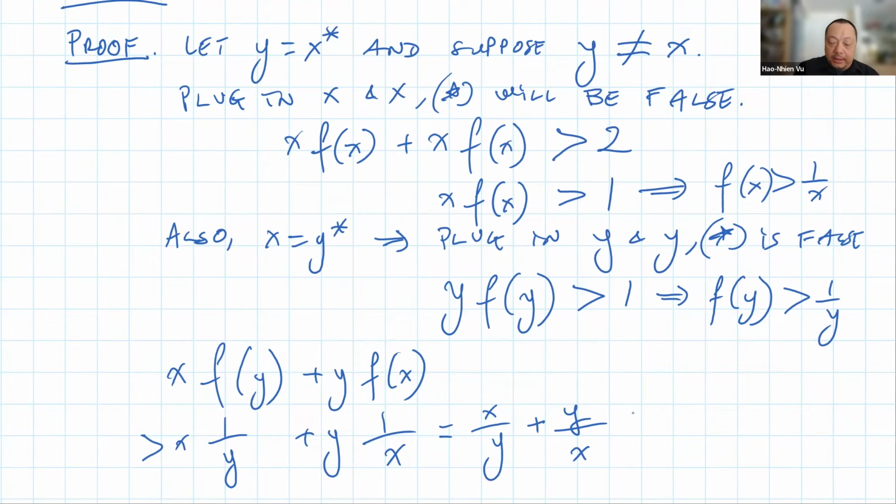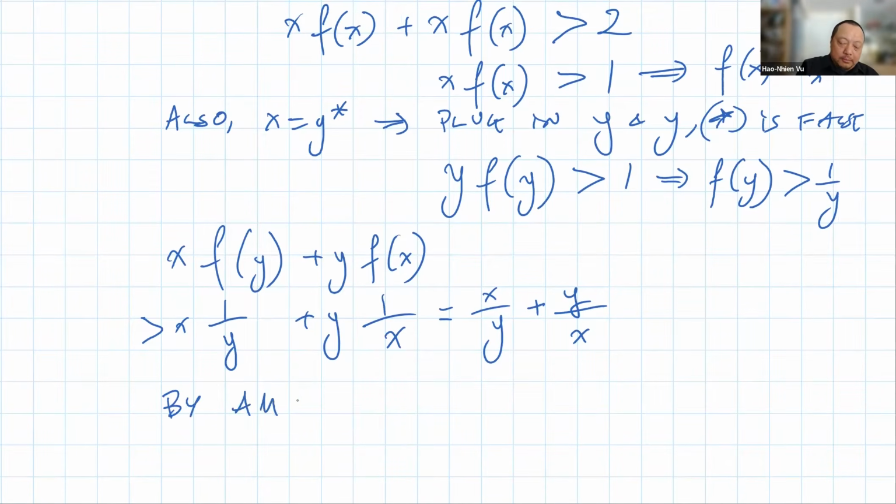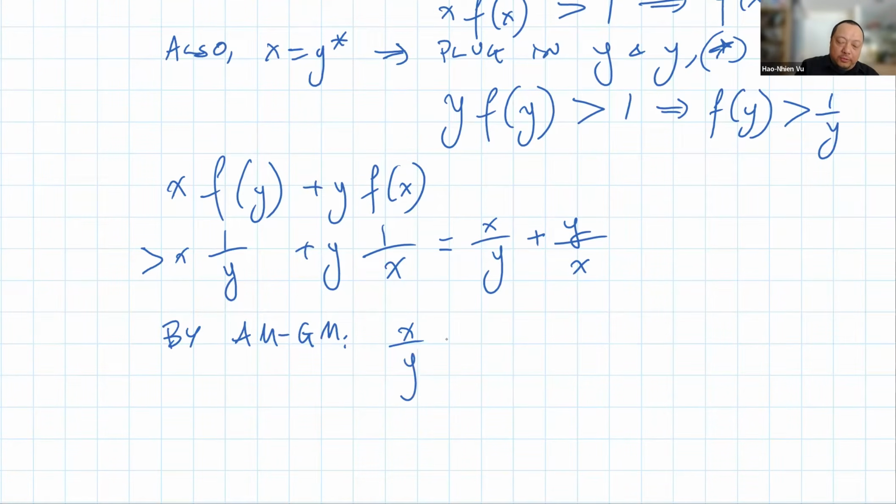And by the AM-GM, x over y plus y over x is going to be greater than, I'm going to put greater than or equal to for now, but I'm going to go back and erase that, greater than or equal to 2 times the square root of x over y times y over x.